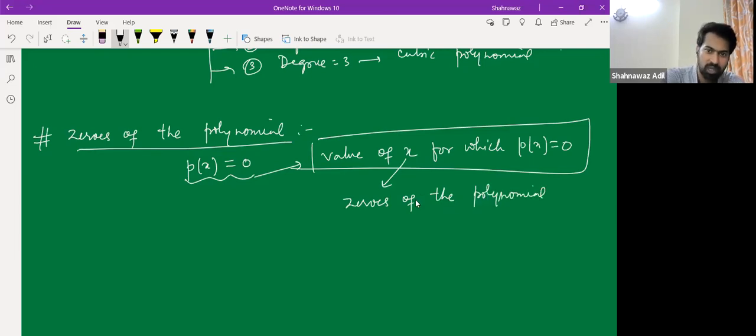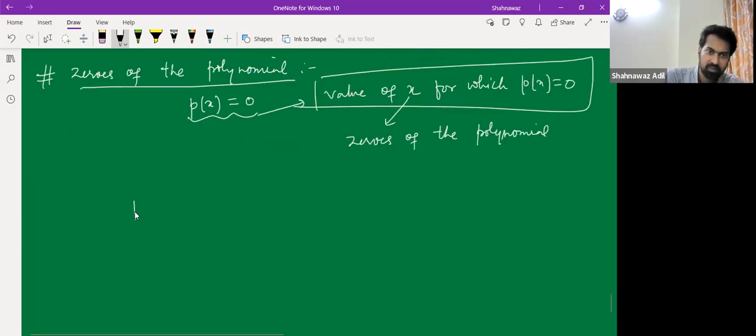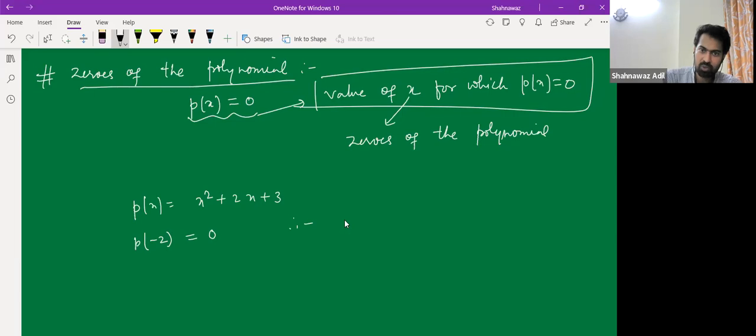Let's say p(x) equals x squared plus 2x plus 3, and let's assume that if I put x equals minus 2, this gives me 0. So this minus 2 would be one of the zeros of this polynomial.